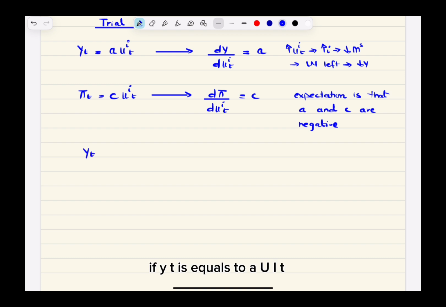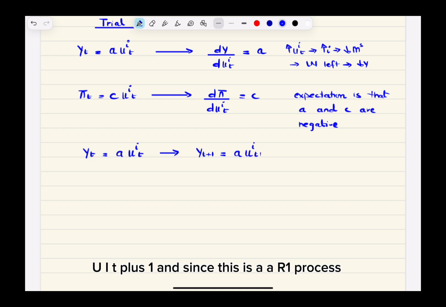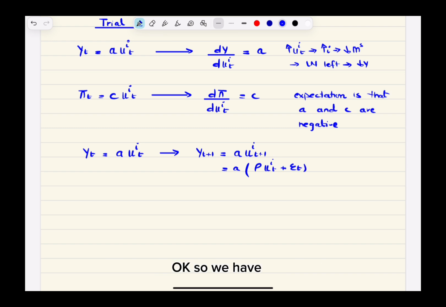If y_t equals a u_t, then y_{t+1} will be equal to a u_{t+1}. And since this is an AR(1) process, this is going to be rho u_t plus epsilon_t. So we have a rho u_t plus a epsilon_t.